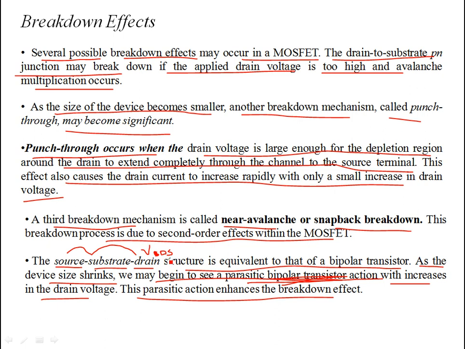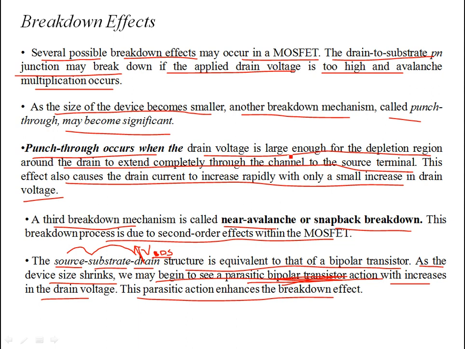The VDS is good enough to lower the barrier. We have talked about this in earlier lectures: VDS can induce the barrier lowering effect, and you can short circuit the drain and source. As the size becomes smaller, breakdown mechanisms like punch through become significant.